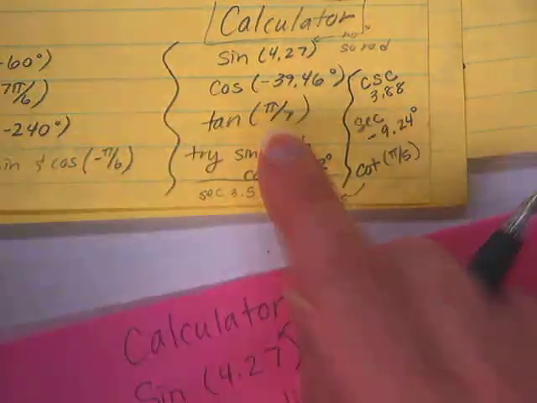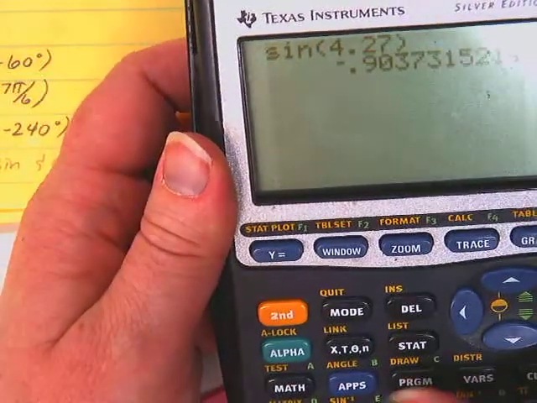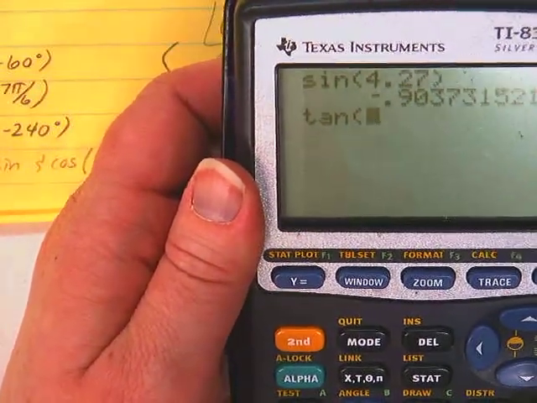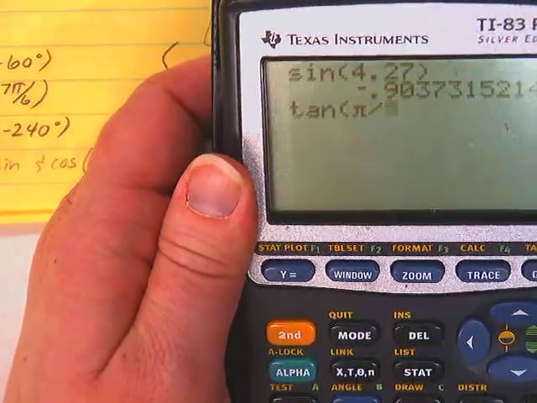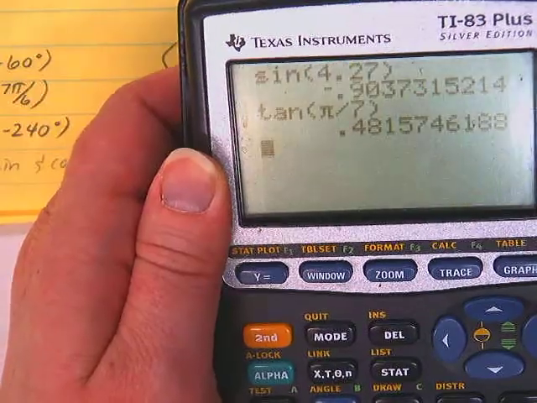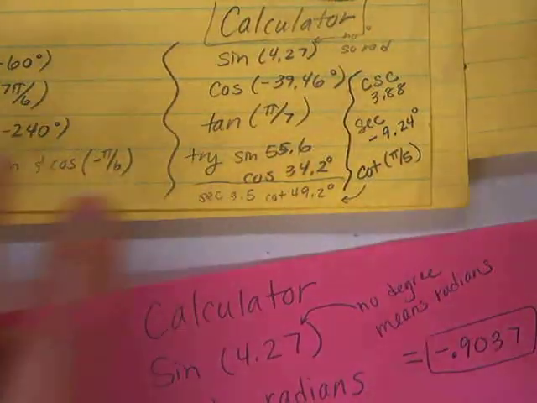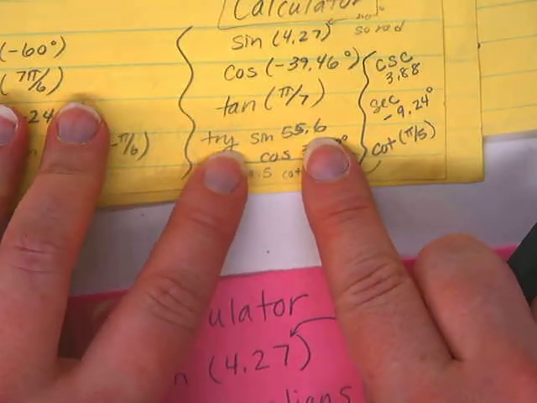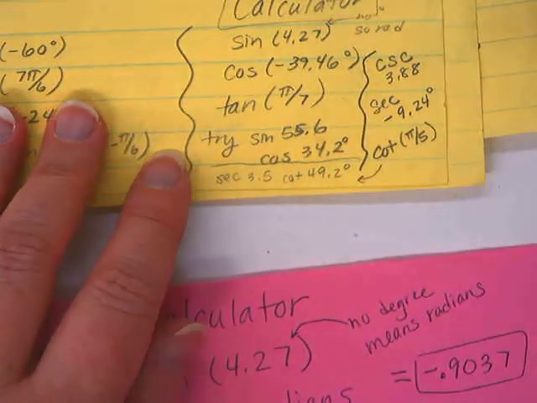You make sure your mode is in radians. The calculator automatically gives you the parentheses, so you just make use of them by typing in pi divided by 7, equals, and get your answer. Okay, so these are okay, right?